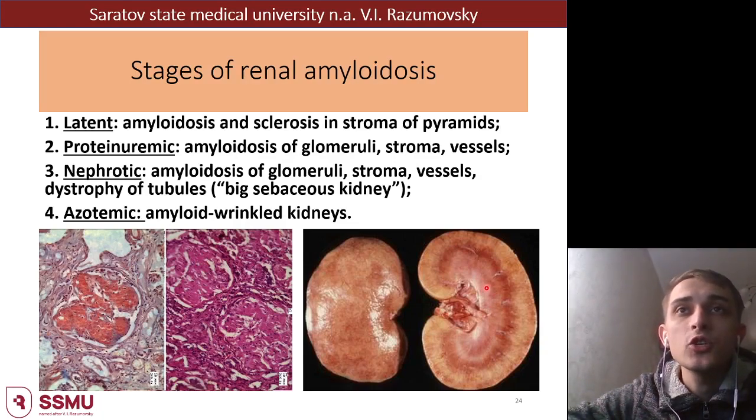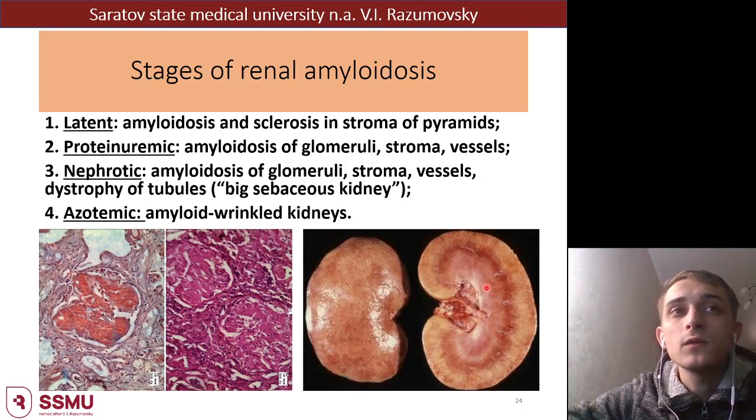The next stage is the proteinuric stage, and it is associated with damage of glomeruli, stroma, and vessels. We may see a small amount of protein in the urine, and really difficult manifestation of it. But the third stage is more difficult.